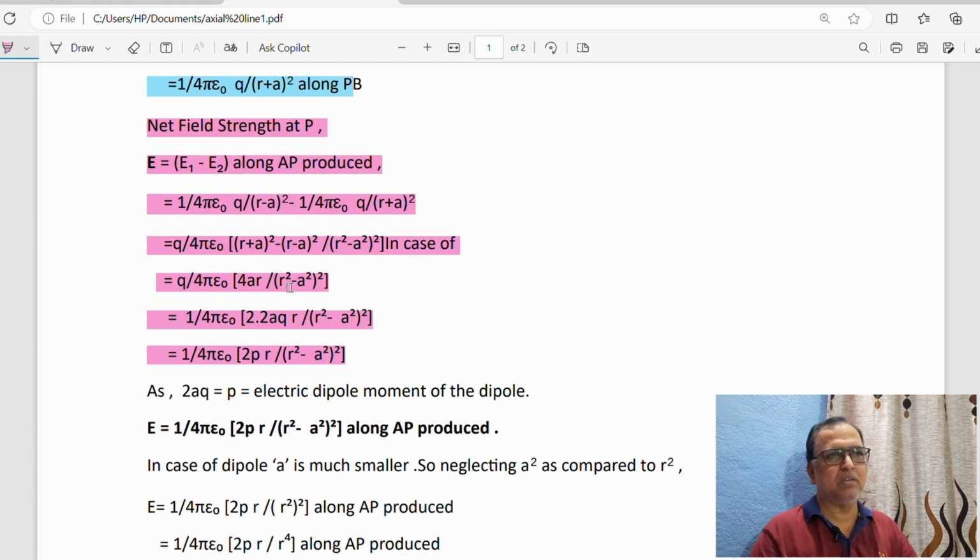p is the dipole moment of the electric dipole.